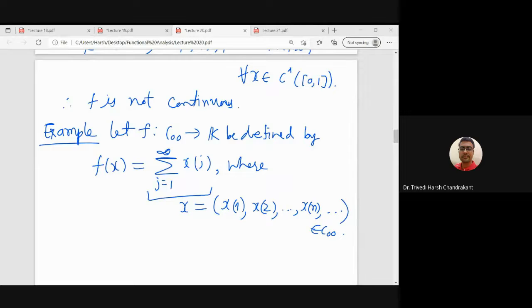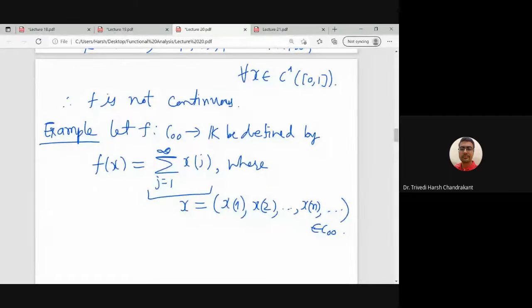So that is a sequence whose elements are either real numbers or complex numbers. And C00 means those sequences which have only finitely many terms non-zero. Other than finitely many terms, the other terms are zero. Right, so that is what we will use here.